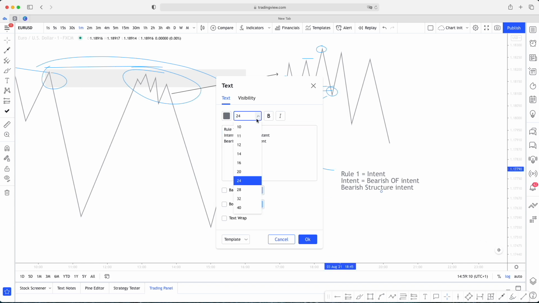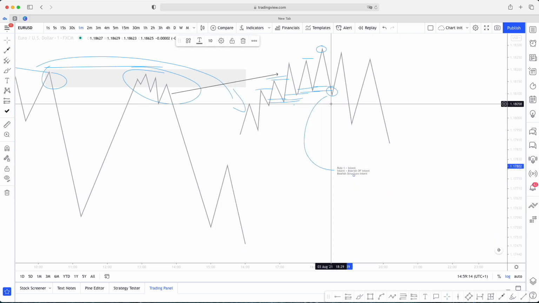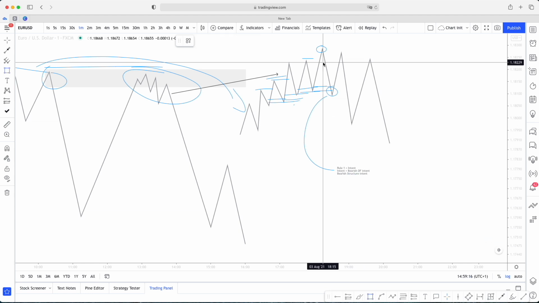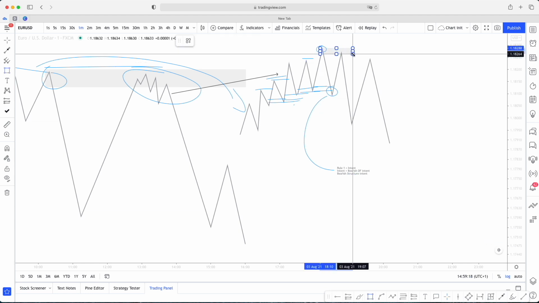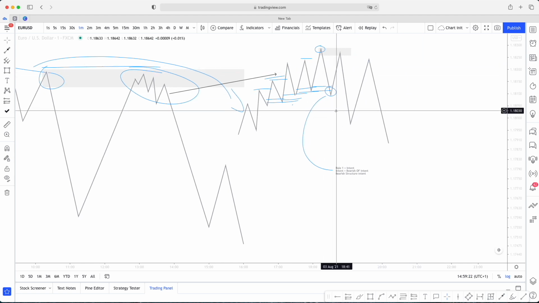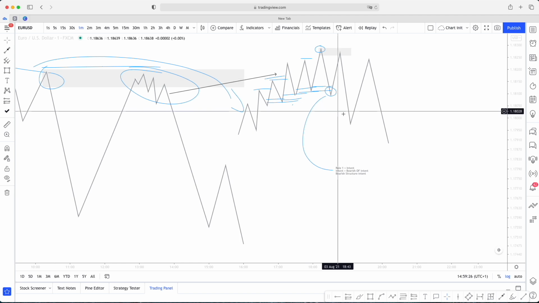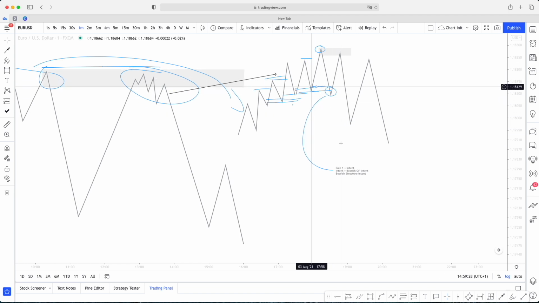I don't know why the writing's so big. There we go. That's what the intent is. So what that means is that we have to potentially be alert that price could change in trend here, purely because we have the fractured order flow and the breaking structure.